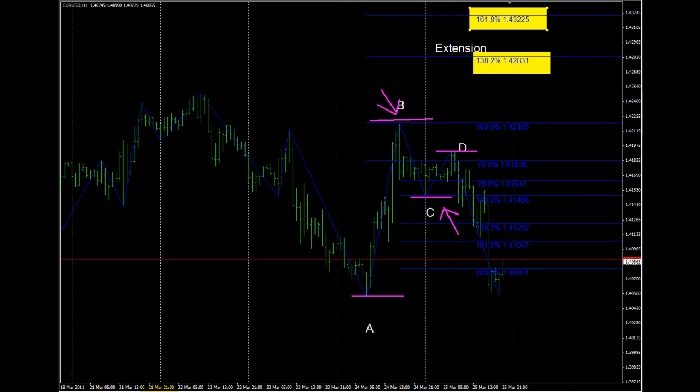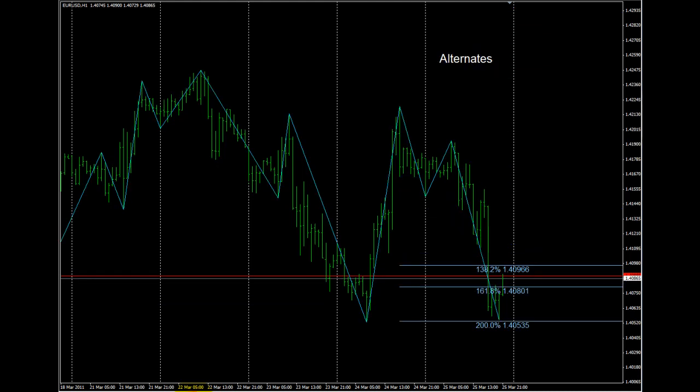But in an extension, because our range is already big between A and B or between B and C for the extensions, we're only going up to 200%. Okay, so A and B, apply the ratios, add it to B, and go upwards. For B and C, D has to be established. You do the ratio between B and C, and you start at C, and you go downwards. Okay? Same thing with alternates.